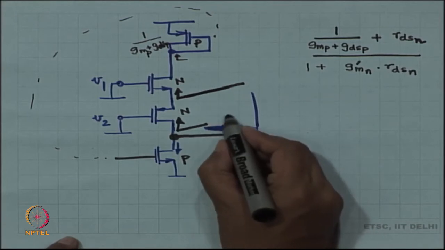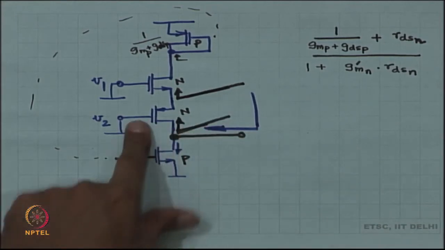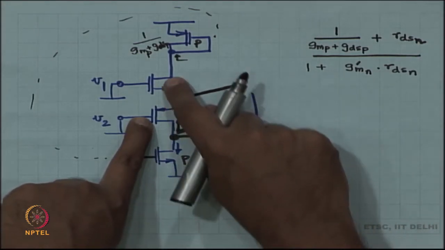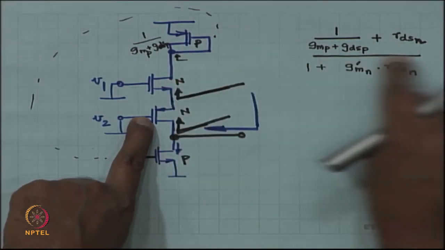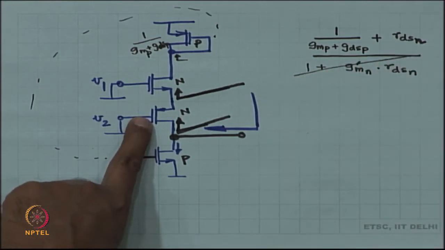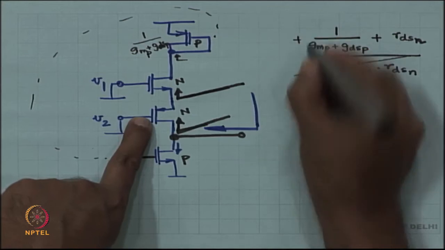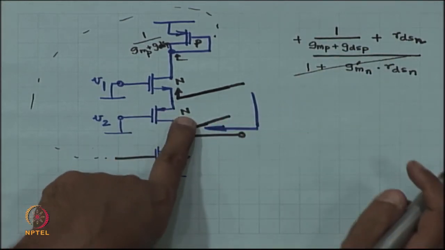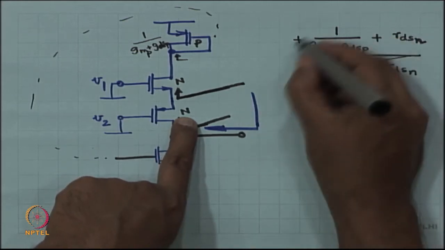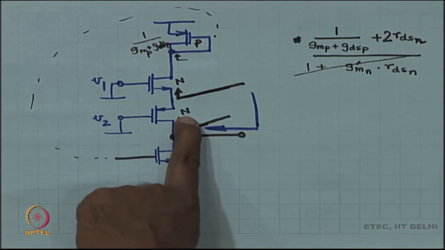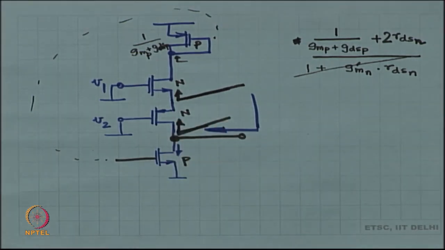Okay. Now, when I look in from the drain of this bottom device, then it is whatever was on the source times 1 plus the intrinsic gain. So, this entire factor cancels plus RDS n. Fine.